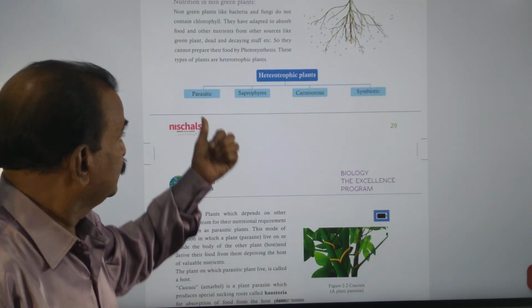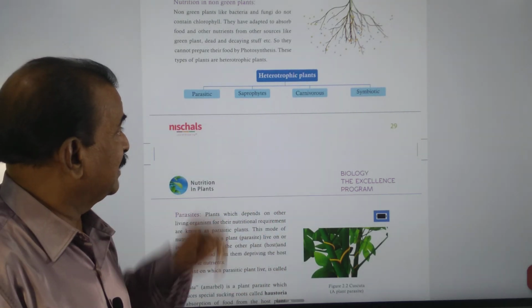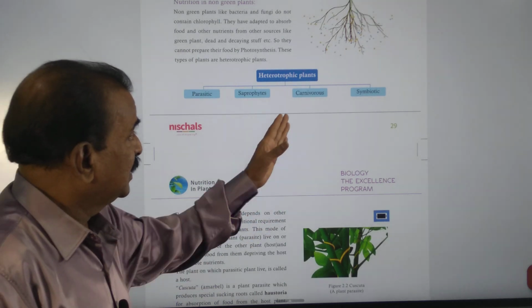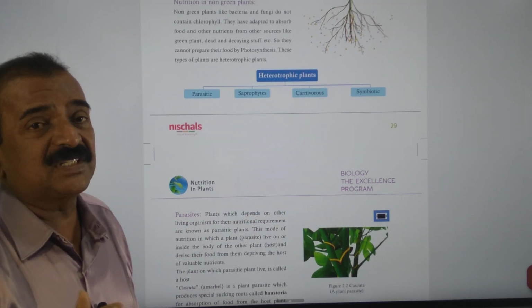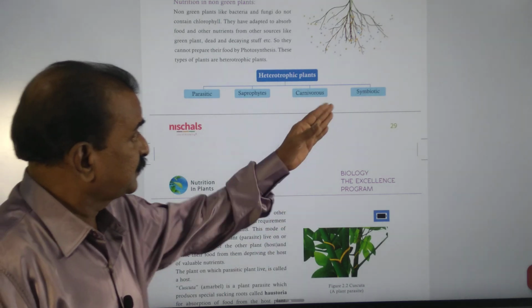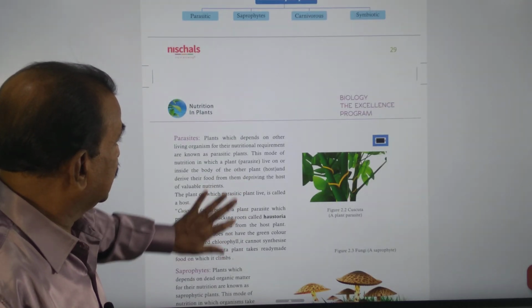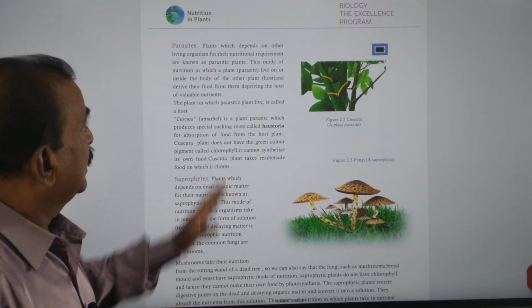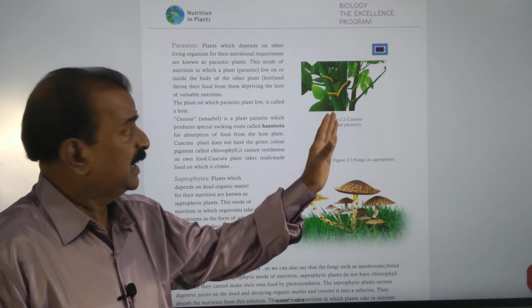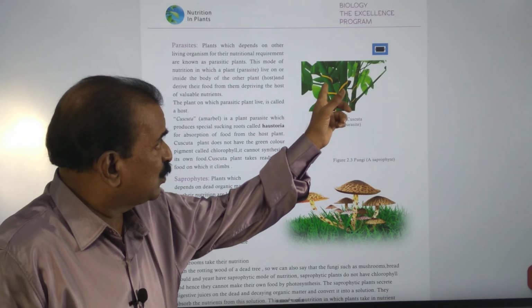First is parasitic nutrition, second is saprophytic nutrition, third is carnivorous or insectivorous nutrition, and fourth is symbiotic nutrition.